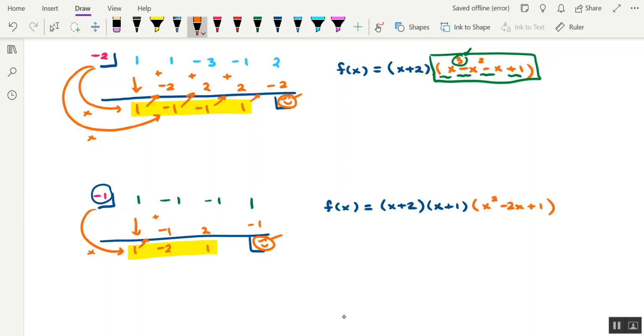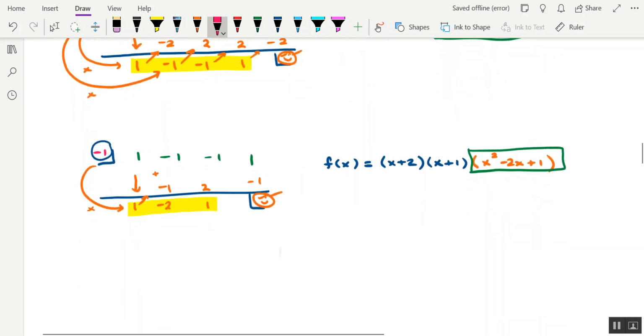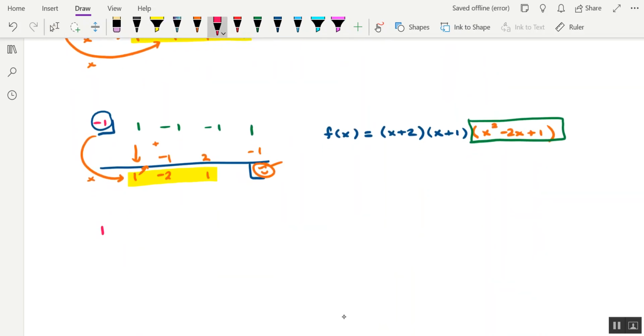And since we have additional zeros in our list, we can move on to factor the second quotient polynomial with one of the zeros. And you better believe I'm going to use one of these ones. Okay, and the coefficients of our most recent quotient polynomial are 1, -2, and 1, which is why I'll put them here.